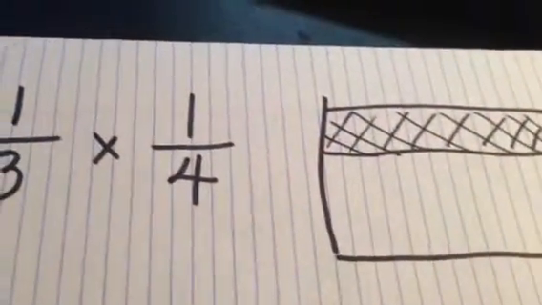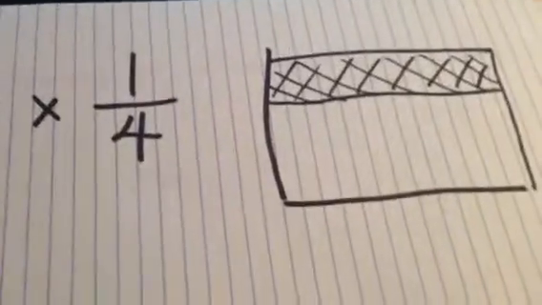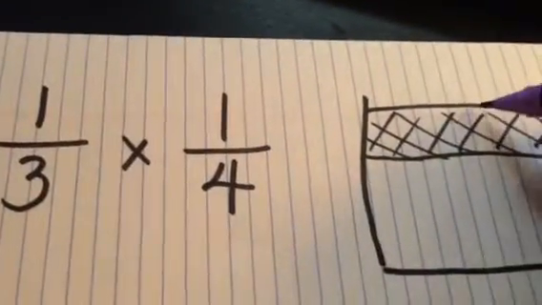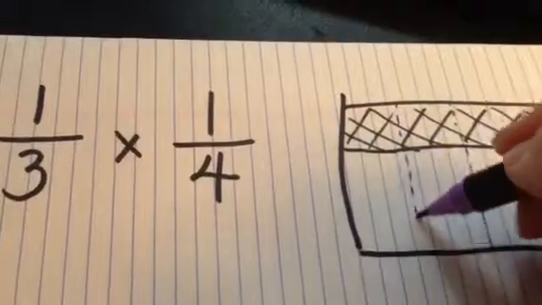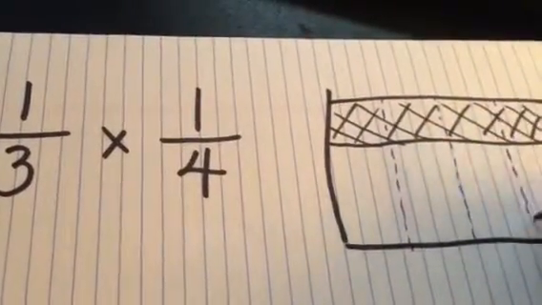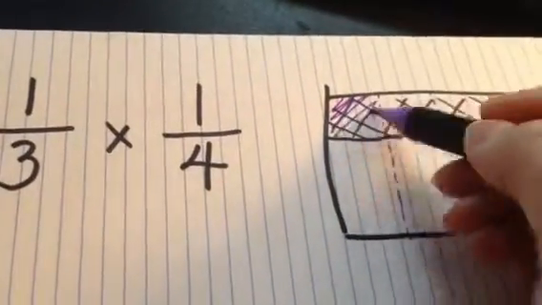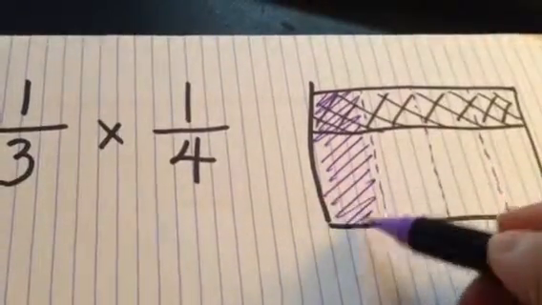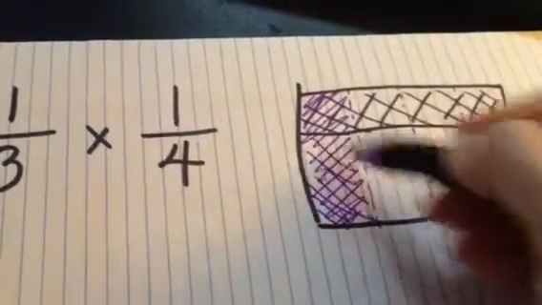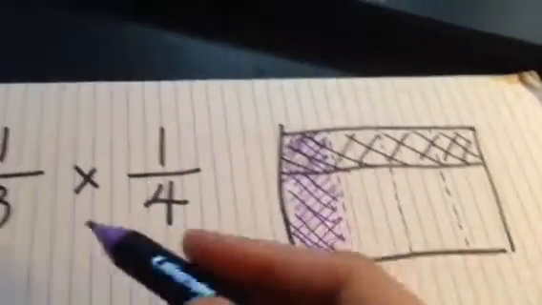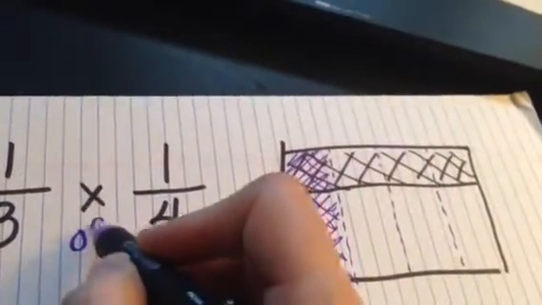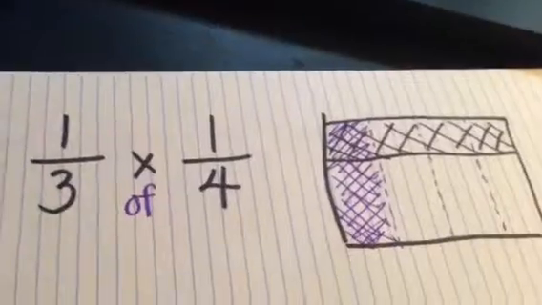I'll just change colors to do the quarter. So if we imagine where 1/2 is, and there's 1/4, and there'd be the other quarter. And he laid a 1/4 piece going this direction. And what he could observe is that the times sign acts like an of.